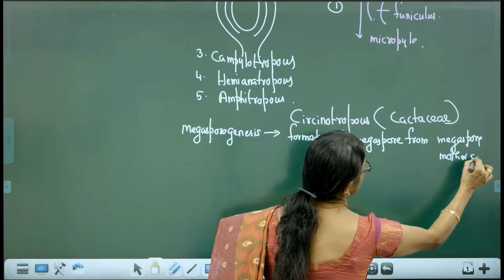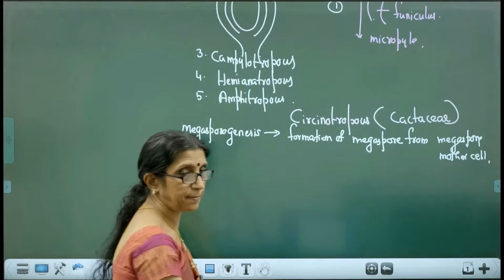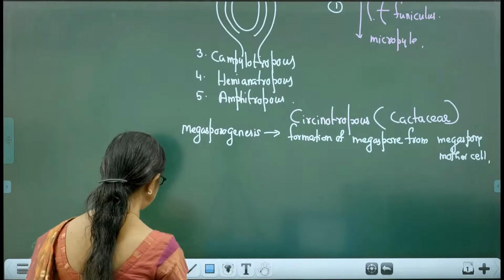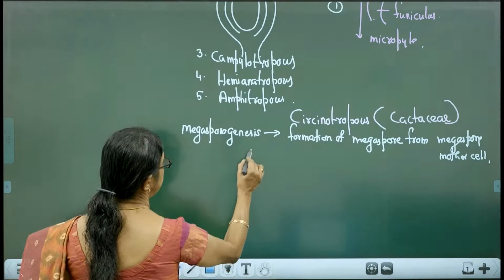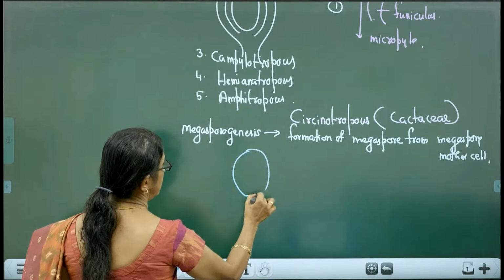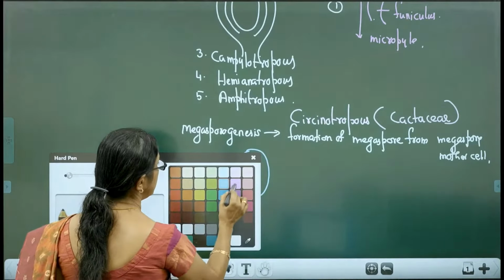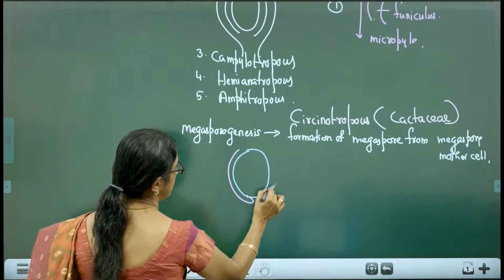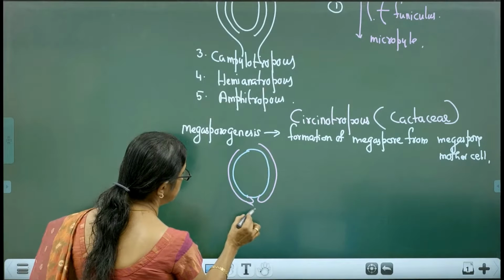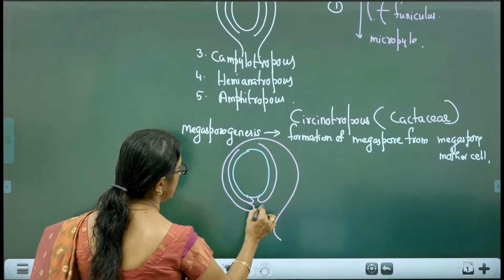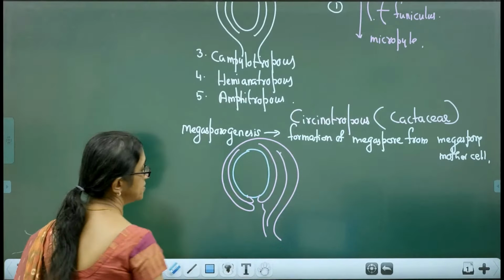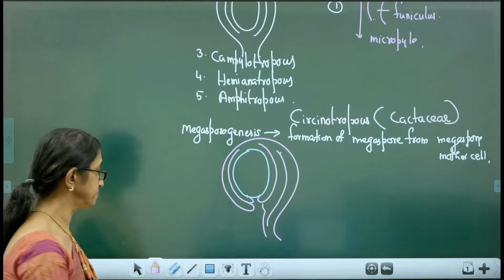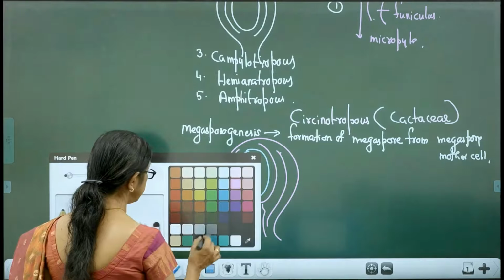And for that, once again we have to go back to the ovule. This is the nucellus with the two integuments, like this. Okay. Nucellus is a massive tissue with hundreds of cells. The whole thing is diploid.